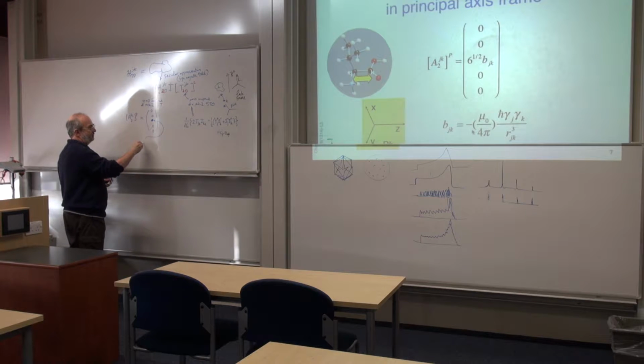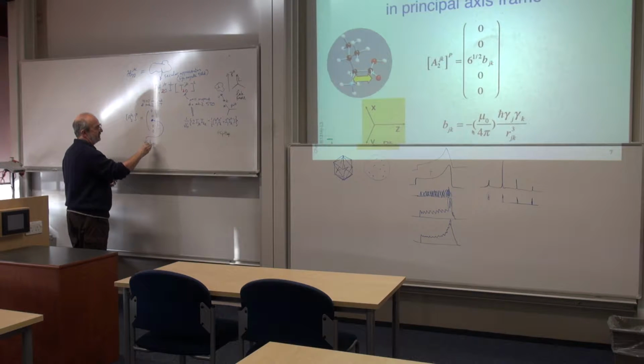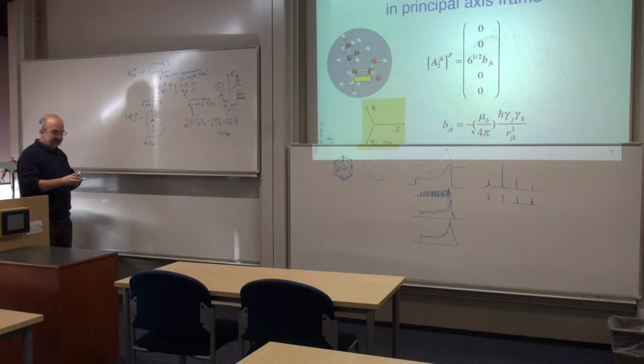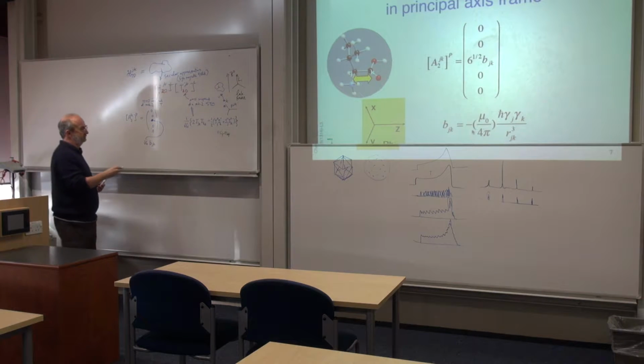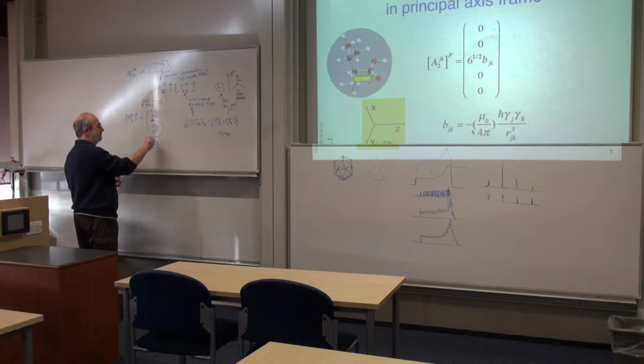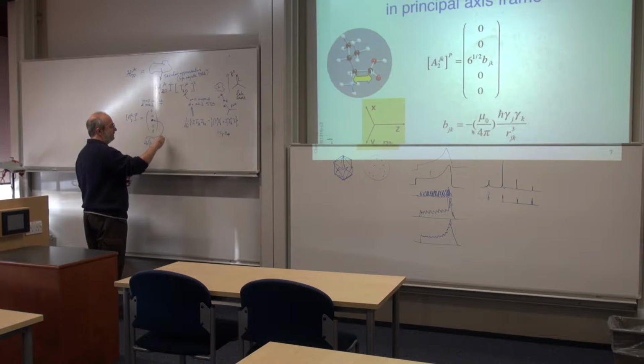And that's root 6 times the dipole-dipole coupling constant, which for historical reasons is called small b.